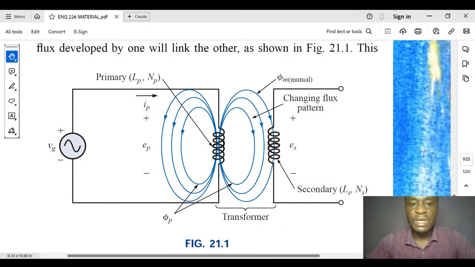Okuchukwu Paul said I should explain the mutual inductance again. Hold on, I'm coming on.